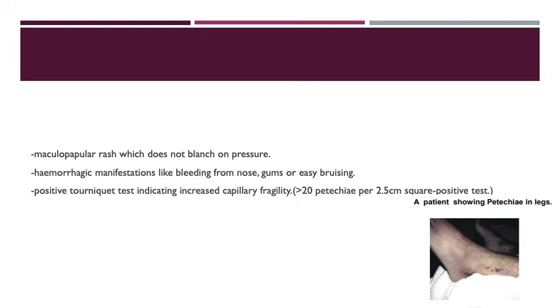And we have a positive tourniquet test which indicates increased capillary fragility. And the test is said to be positive if we have more than 20 petechiae per 2.5 square centimeters of skin.